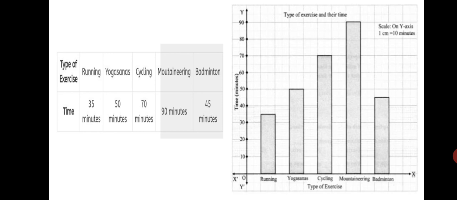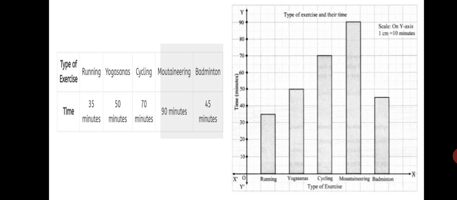Third step, now on x-axis, write what is given, type of exercise: running, yogasanas, cycling, mountaineering, badminton. And on y-axis, write the scale, using the scale write the minutes: 0, then 10, 20, 30, and so on.